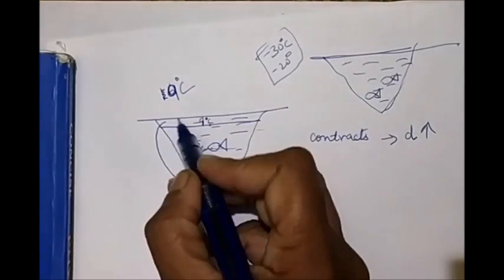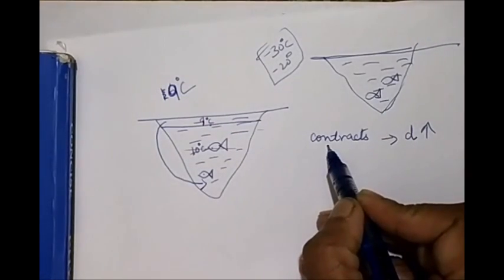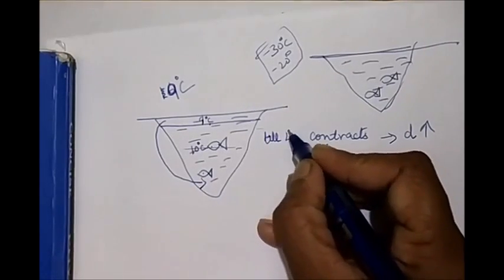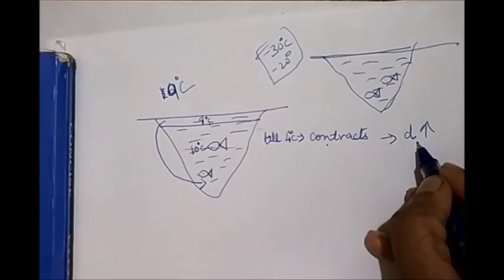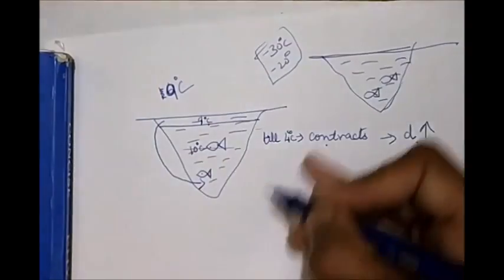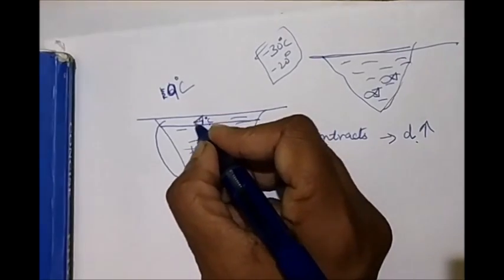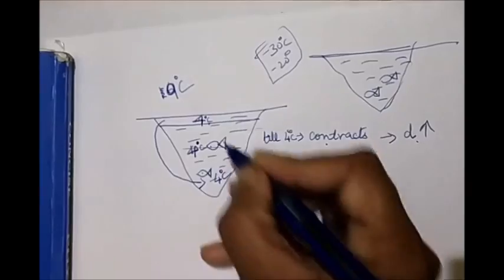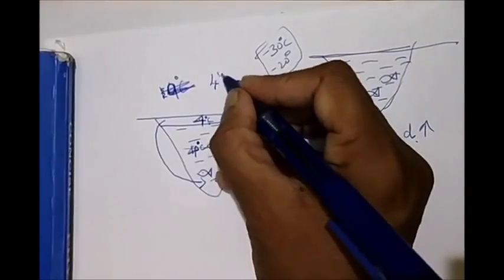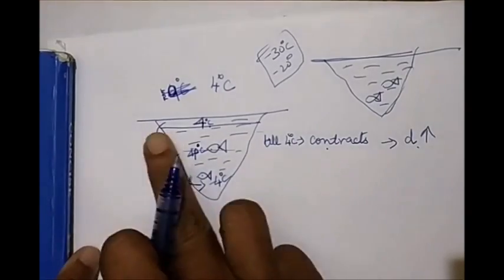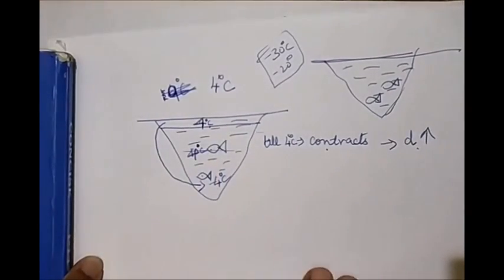As the temperature goes down, it will contract. So till 4 degrees Celsius, contraction will take place. So density will increase, and so the water will go down, and the next layer will come up. Like this it goes down till the entire water becomes 4 degrees Celsius from top to bottom. Now the outside temperature is also 4, and inside, all the layers of water are at 4 degrees Celsius.